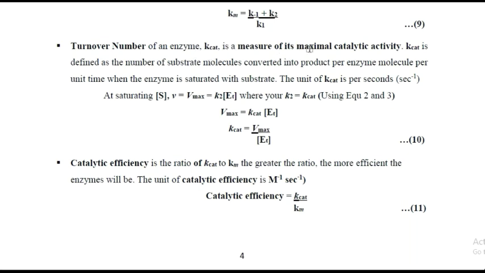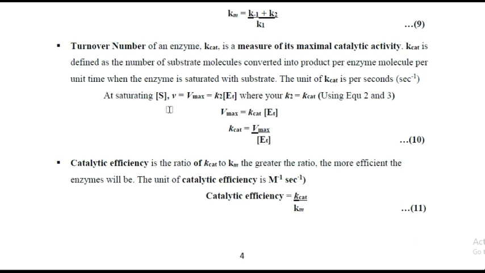Then we also have the turnover number, which is Kcat. Kcat is a measure of maximum catalytic activity. Maximum catalytic activity means that all the enzyme active sites are occupied by the available substrate, which will eventually lead to product. Nothing is left over.